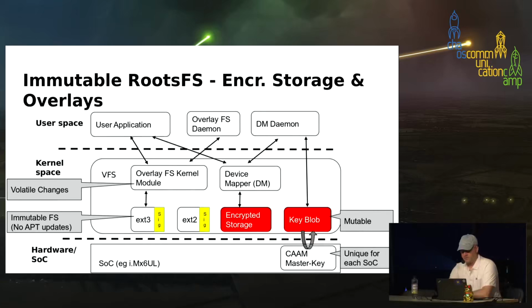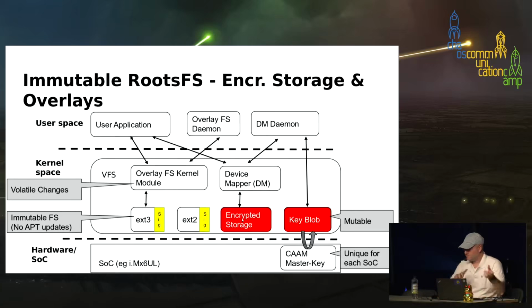So we are able to encrypt and decrypt a key blob, and the key blob could be a key storage. This key storage is used by the device mapper daemon to initialize the device mapper for an encrypted file system.